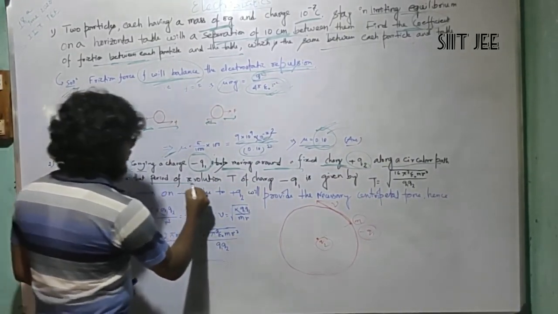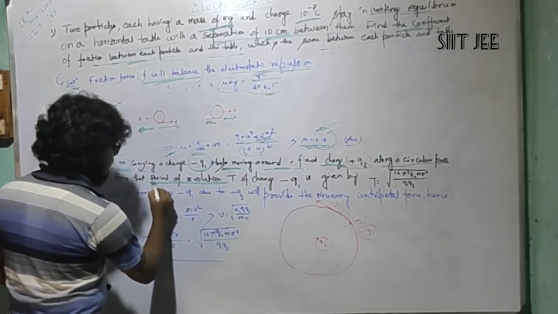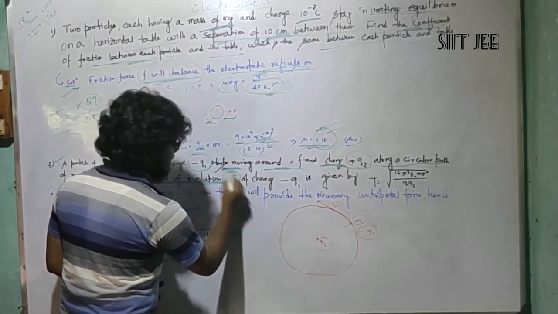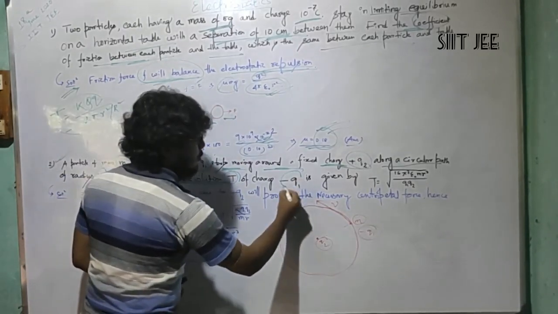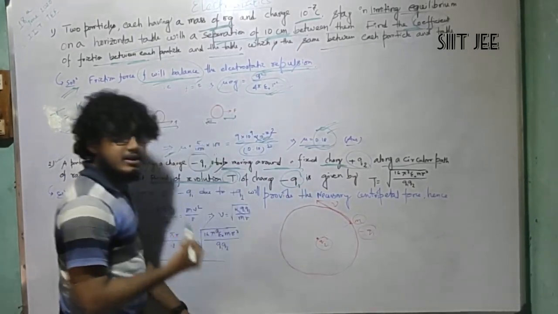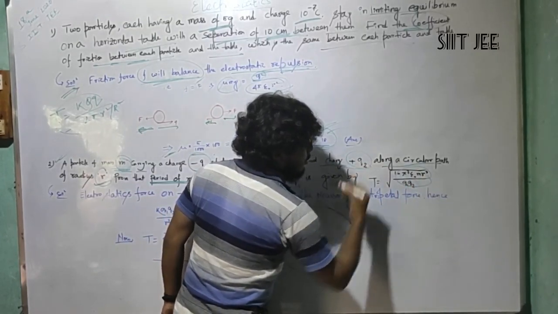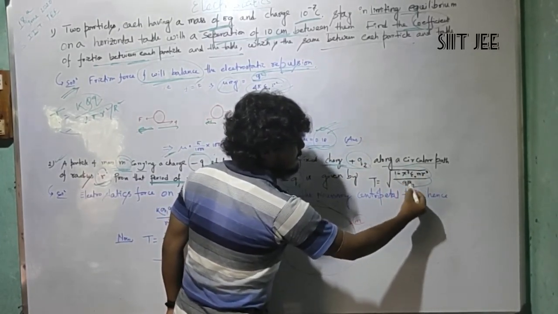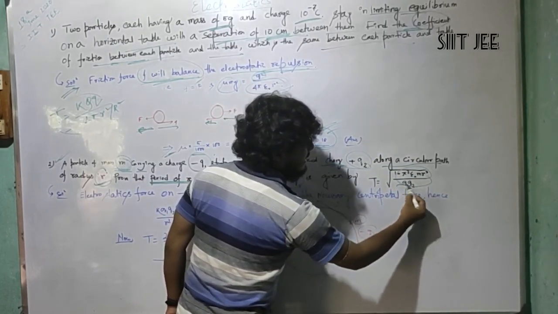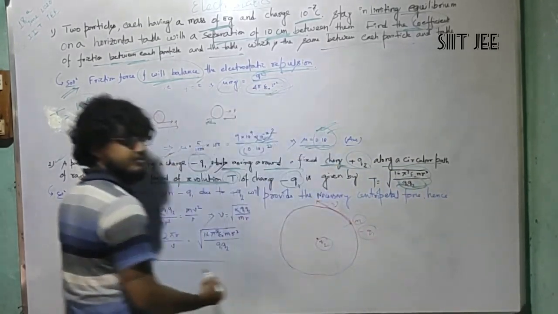Prove that the period of revolution T of charge minus q1 is given by T is equal to root of 16 pi cube epsilon 0 m r cube divided by q1 q2.